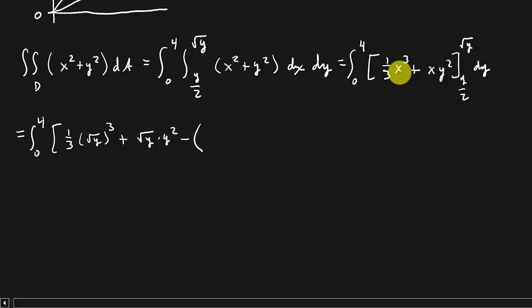And now I'm going to plug in y over 2. So that's going to be 1/3 times y over 2 cubed plus y over 2 times y squared, and dy.